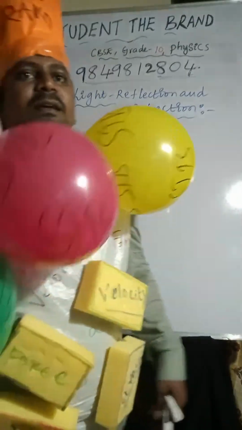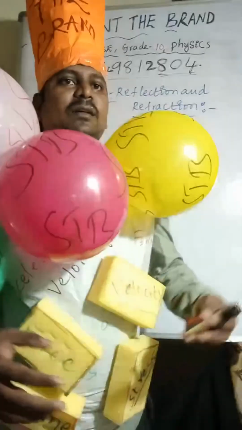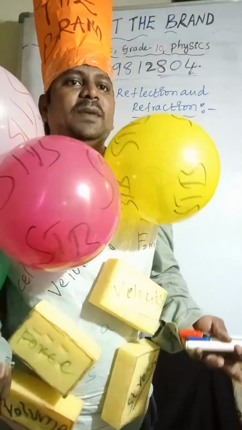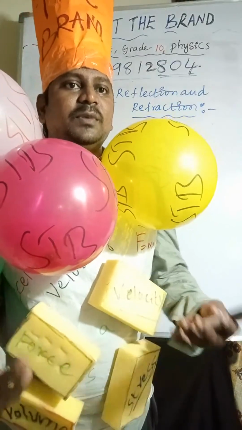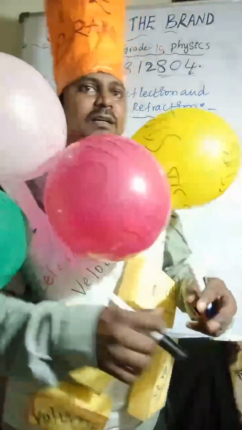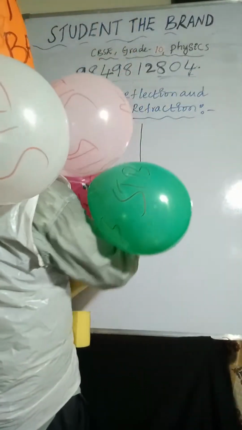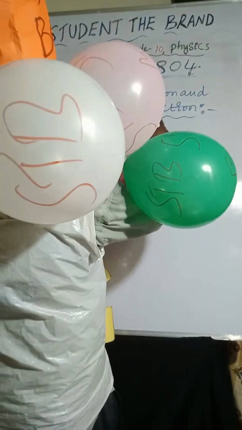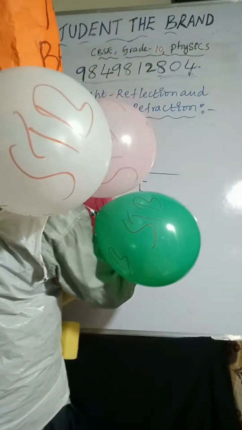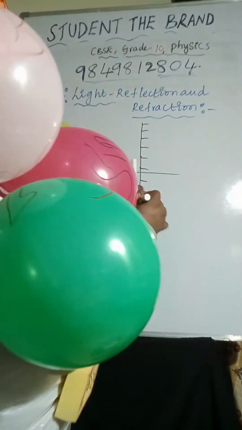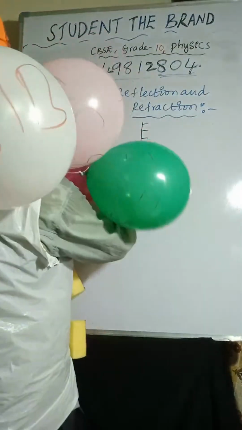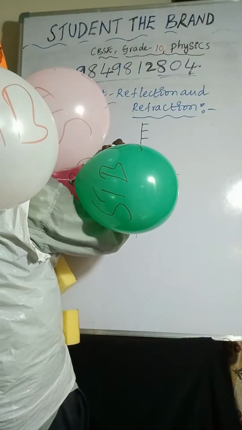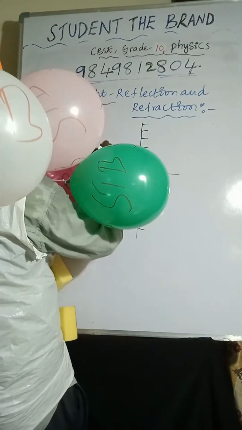Next, we will discuss the nature of the image formed by the plane mirror. So let's start. Here I am taking a plane mirror and an object AB.